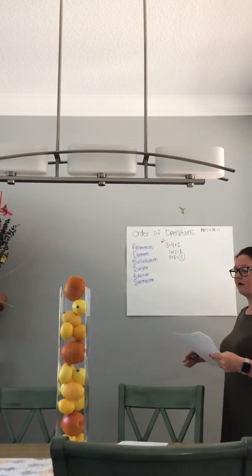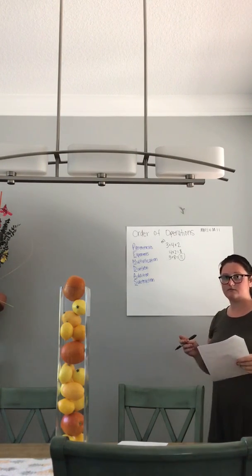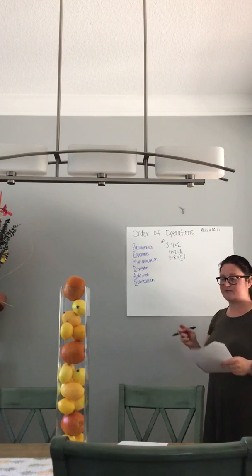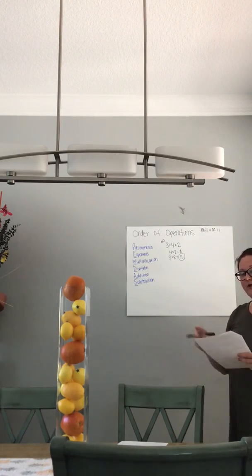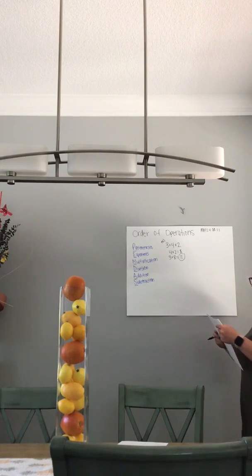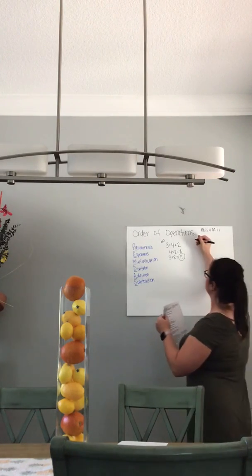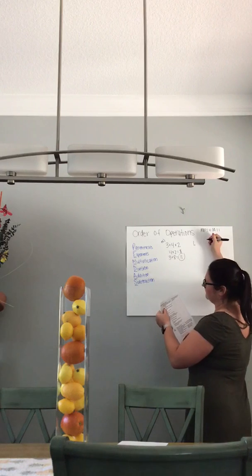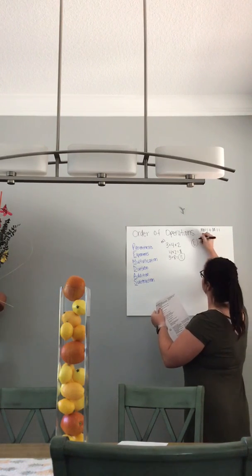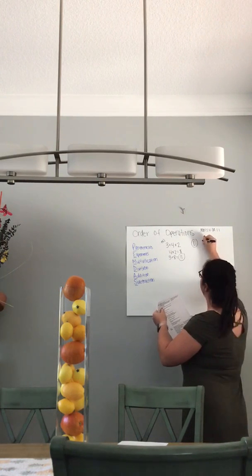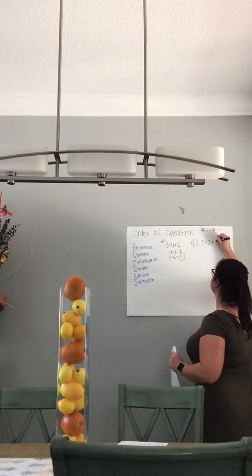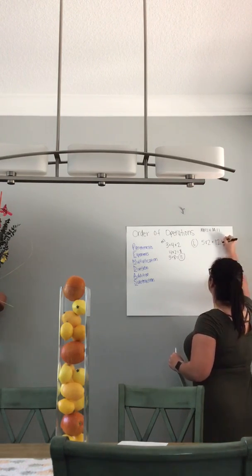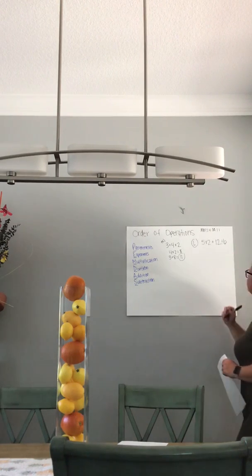All right, together, we're going to go over 2 problems. I'm going to be asking you questions. I'm going to use popsicle sticks to choose names. Please follow along and write them down as we go. The first problem is 5 times 2 plus 12 divided by 6.